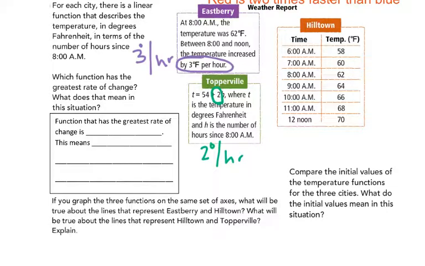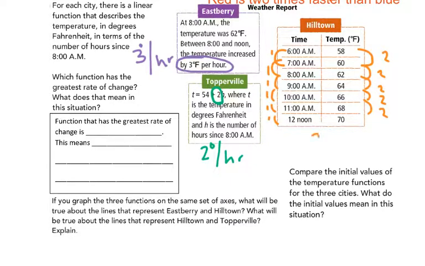And then in Hilltown, we can see that the rate of change is the change in y's over the change in x's. So this is consistent throughout. It goes up 2 degrees every hour, so that's consistent.